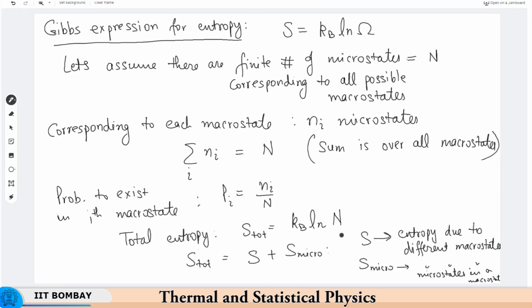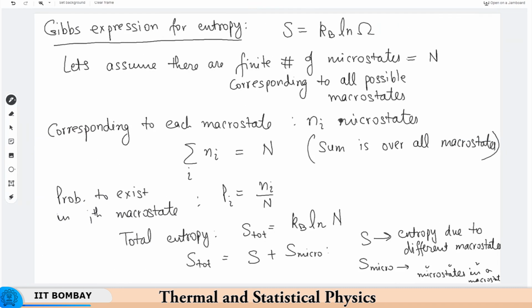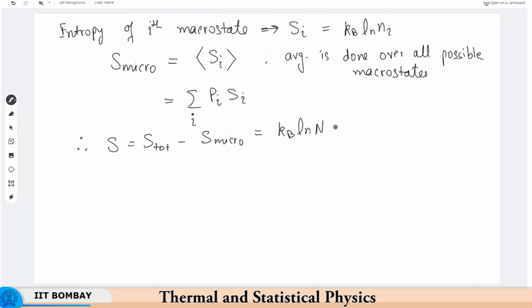Remember, this is the total entropy S total, which is Kb times log n, minus this quantity, the sum of Pi Si.